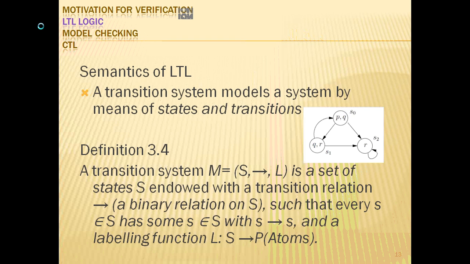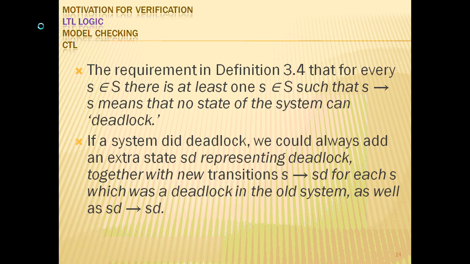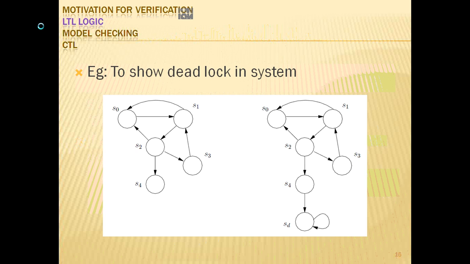And the requirement that for every s belongs to S, there is at least one s' belongs to S such that s → s' means that no state of the system has deadlock. If a system did deadlock, we could always add an extra state S_d representing the deadlock together with new transitions s → S_d for each s which was a deadlock in the old system, as well as S_d → S_d.